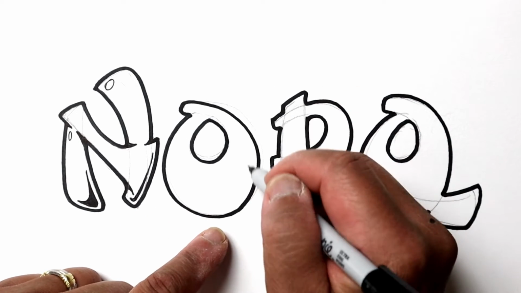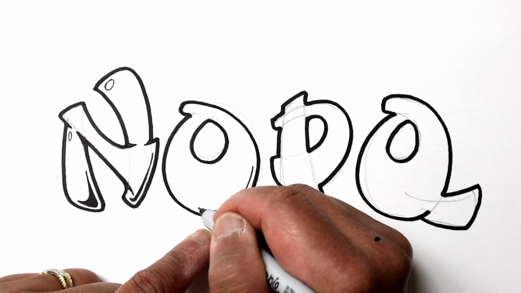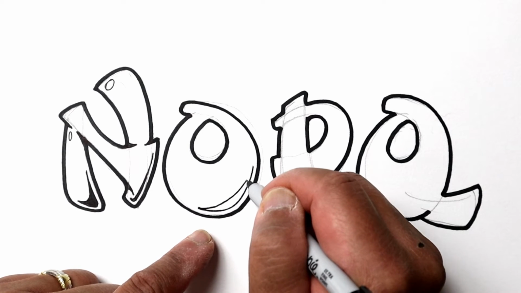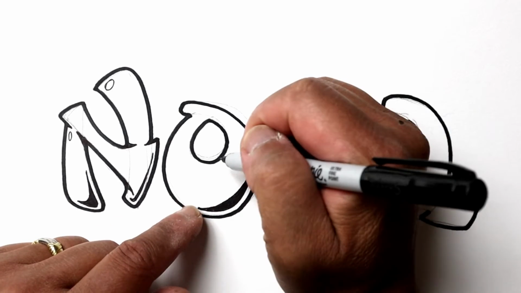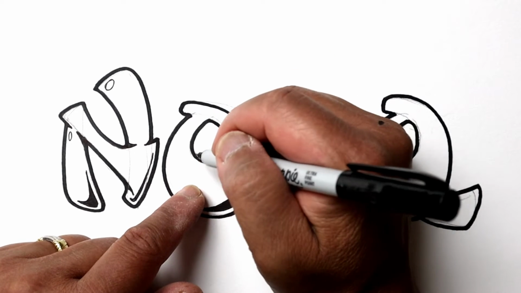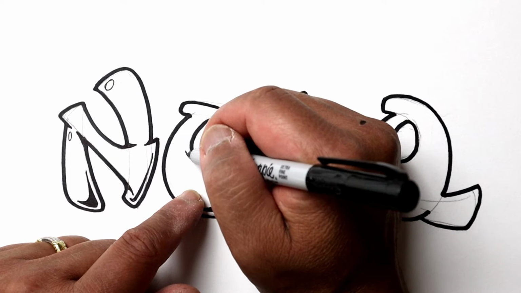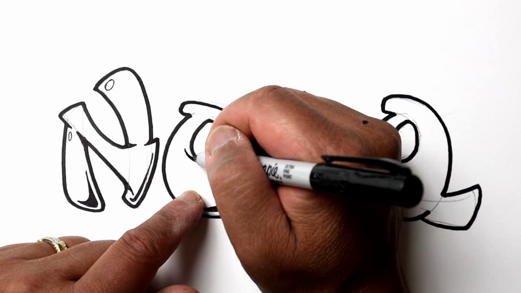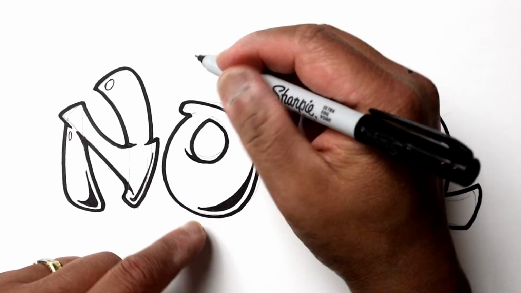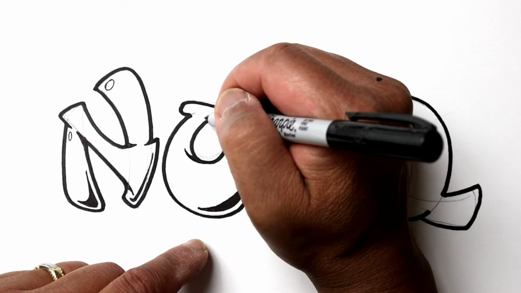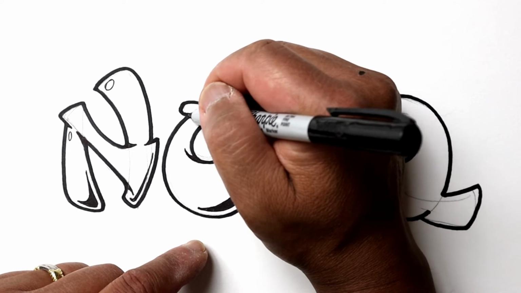Let's work on the O. Let's draw our form shadow here at the lower right and our inner line, and fill that in. And just to make this a little bit more interesting, I'm gonna add a line here going into our stroke and taper that as well, and that just kind of makes it look like it's folding on itself and turning around, and we'll make it so that it's going behind this stroke here.